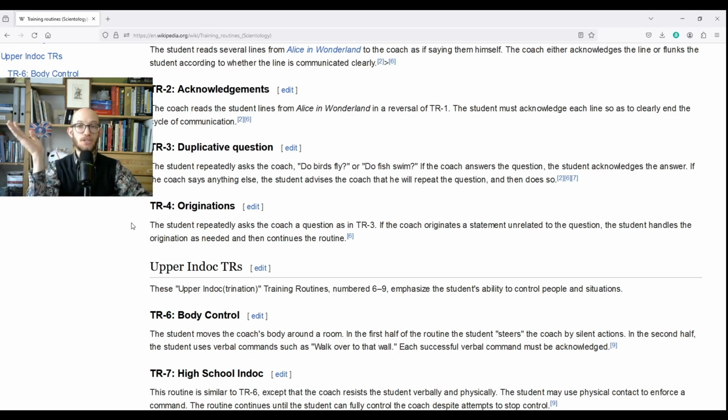And if he says something random like before, like it's been raining, today it's very nice weather, you repeat the question. Now, however, if it is something relevant in some way, the student handles the origination as needed and then continues the routine. So handle as needed.